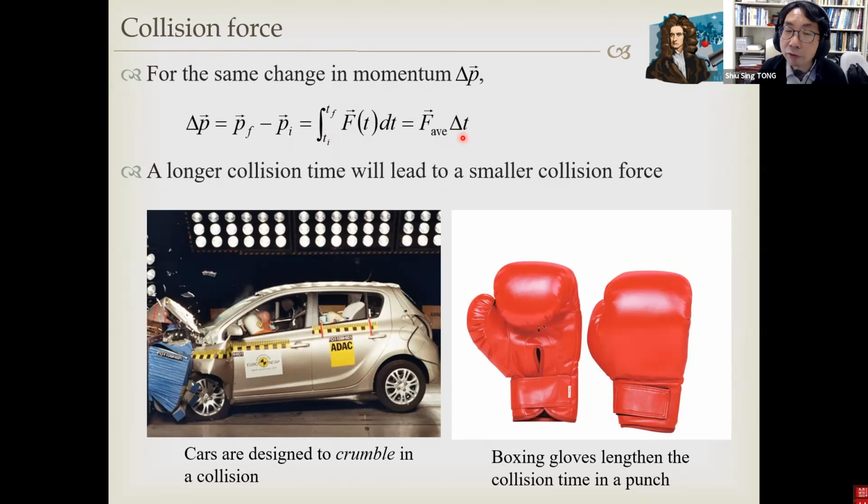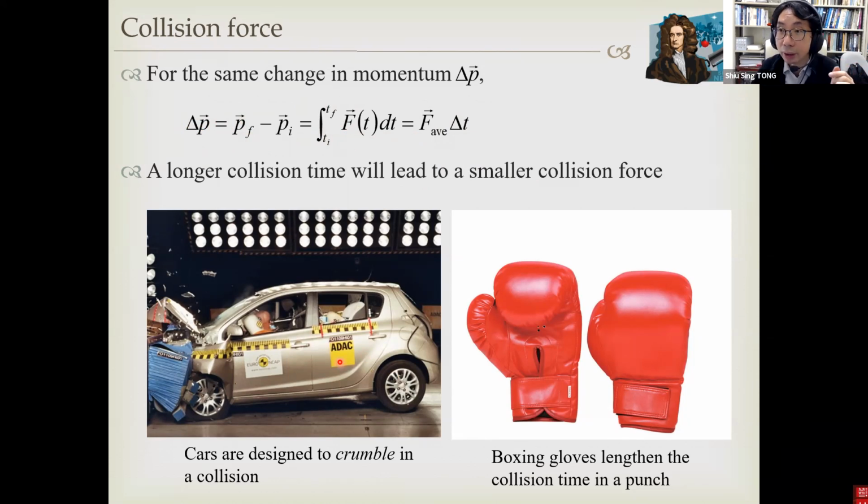If I have a smaller collision time interval, if delta T is small, then the average force will be large, and of course the true force will be large also.